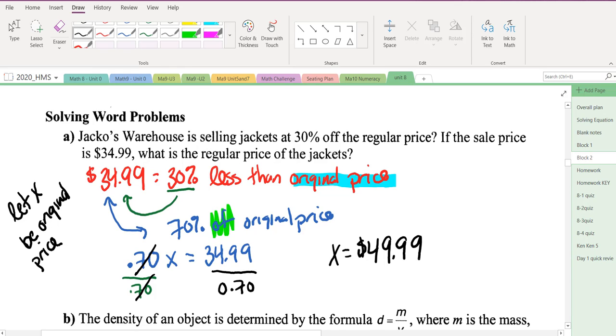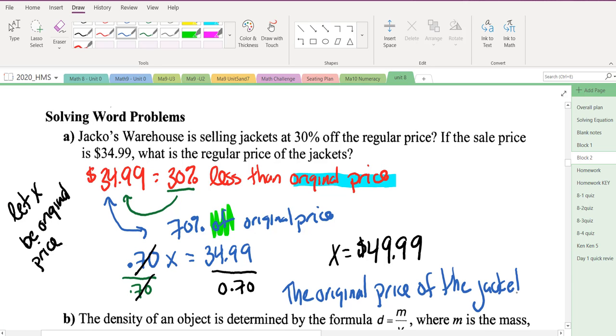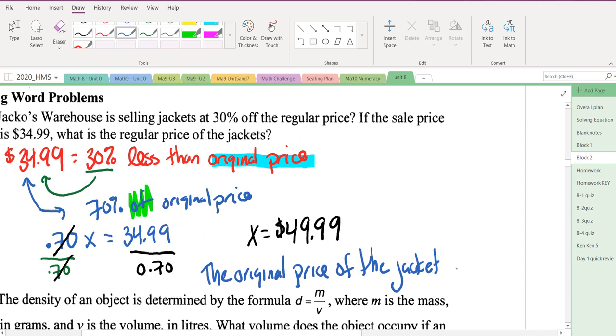Right? And then do a little statement. The original price of the jacket is $49.99, right?